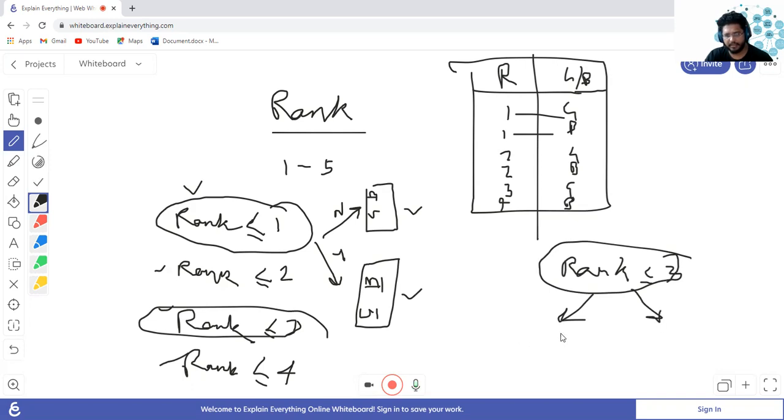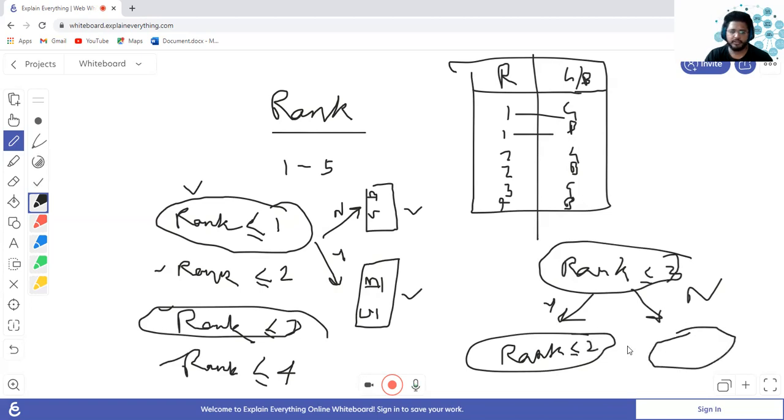Then after that, with yes, no, maybe here it is rank less than or equal to 2, and here rank less. So this way. The most important thing is how I am using the type of data to form the questions.